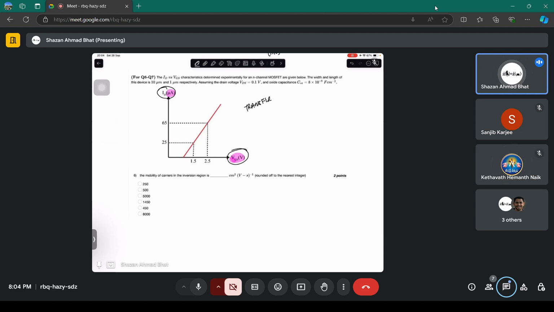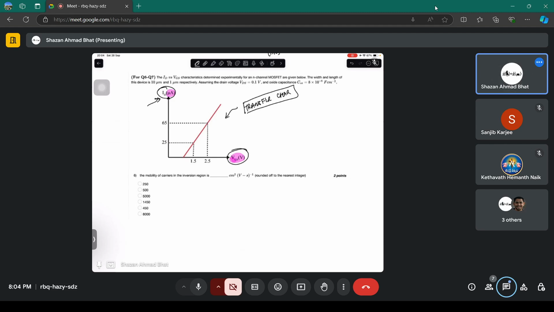Alright, so what is the question? ID versus VGS, the transfer characteristics. What is transfer characteristics? This is the transfer characteristics of a MOSFET in general. The word transfer is used whenever two quantities at different ends are compared. What do I mean by that?